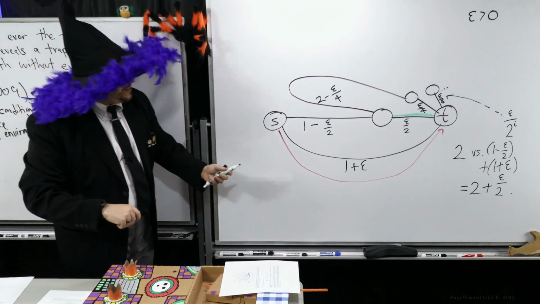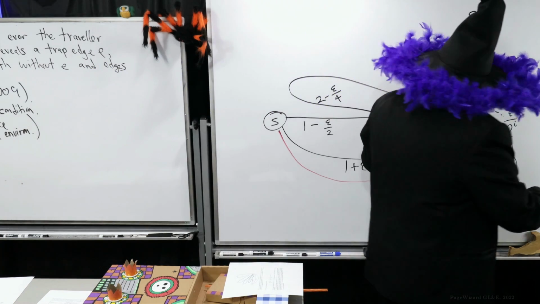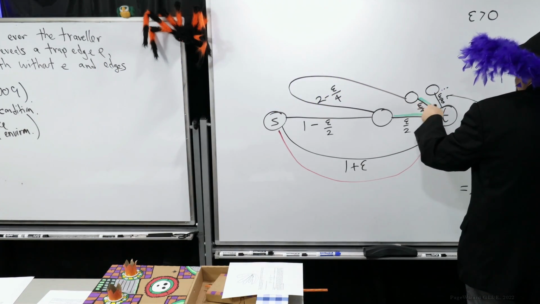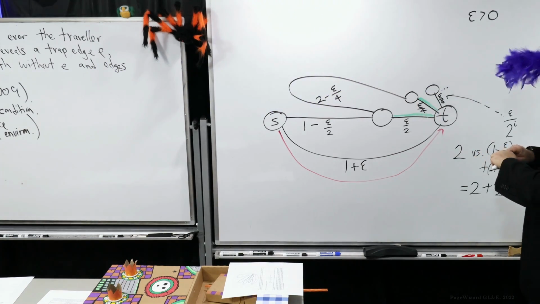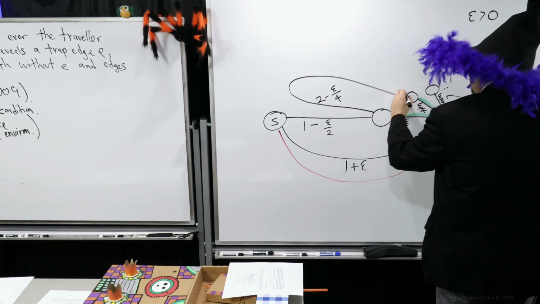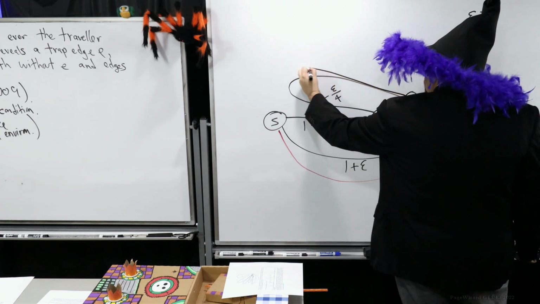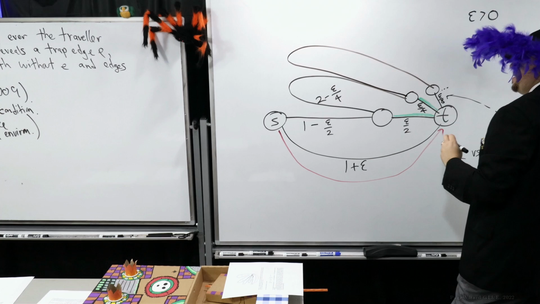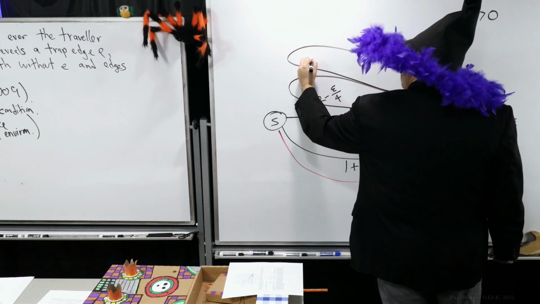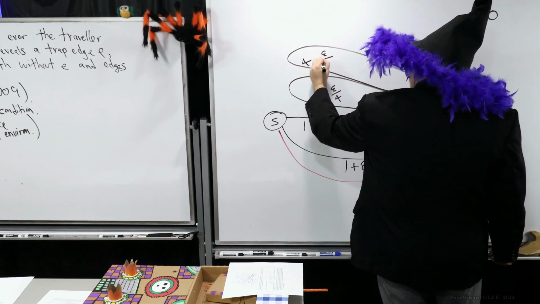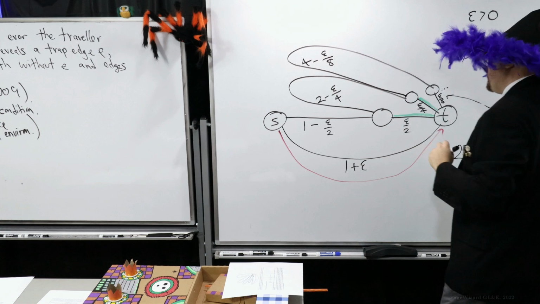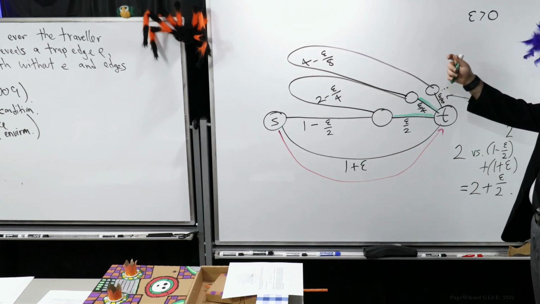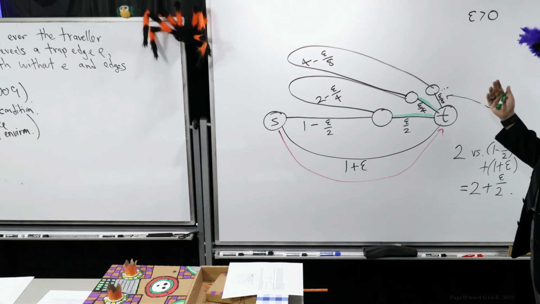So watch this. I'm going to put a trap right here, and I'm going to repeat this process. So I'm going to make this weight be 4 minus epsilon over 8. So notice that 4 minus epsilon over 8 plus epsilon over 8, that's just 4.